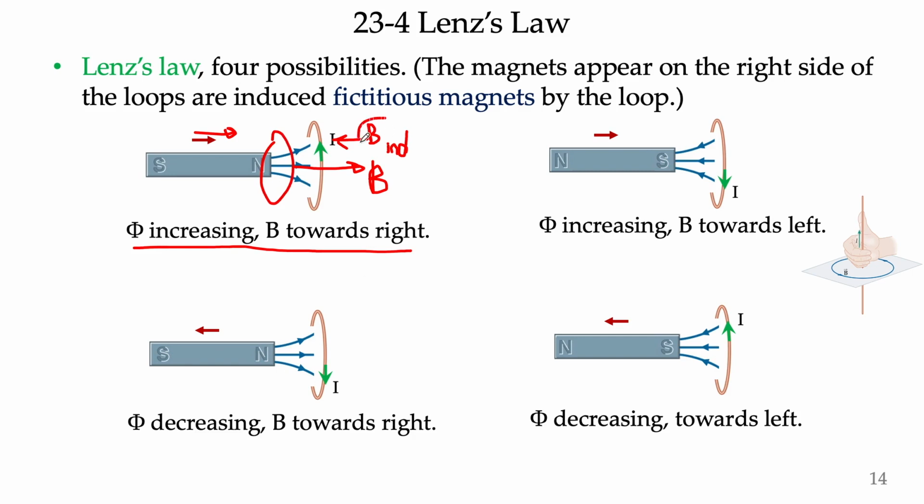To get the induced magnetic field from the loop, now use your second right-hand rule. To create magnetic field lines inside the loop in the leftward direction, imagine your fingers inside the loop curling towards the left. There is only one option, where the current is in this direction.